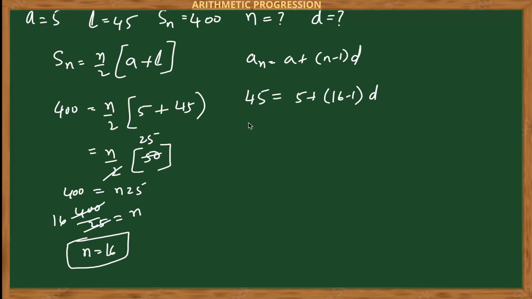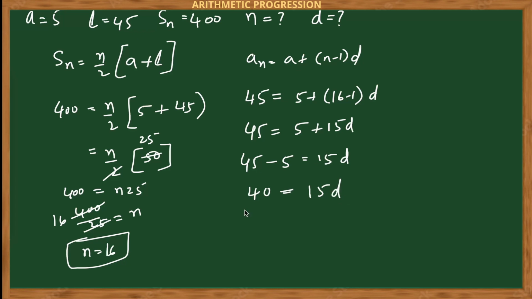45 is equal to 5 plus 16 minus 1, which is 15d. So 45, bring this 5 here, minus 5, equals 15d, so it becomes 40 equals 15d.